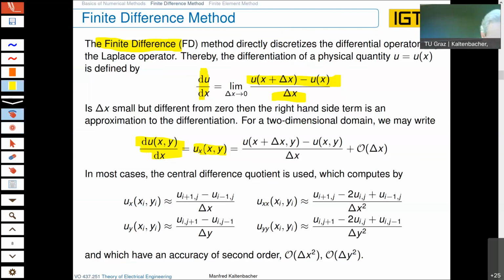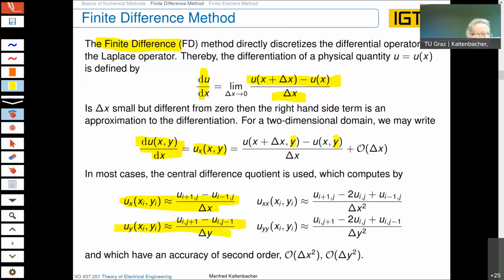As you see, you let y be constant. Yeah? And again, you have more or less the same formula. You evaluate u at x plus delta x, constant y, minus u at x, constant y, divided by delta x. Yeah, and so you see we have such an approximation as we have here.